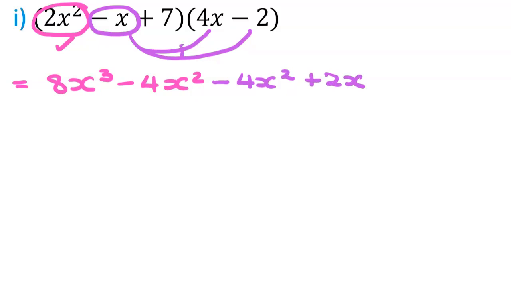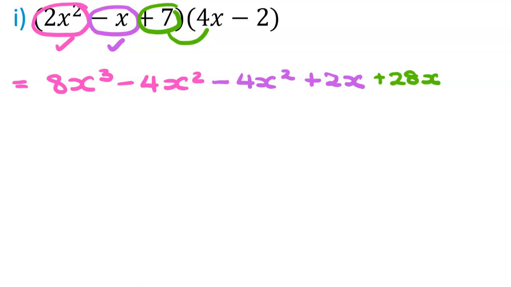Now the minus x has finished its journey, so let's put a tick underneath it. The final term that wants to join in is the plus 7. That's going to multiply with everything in the second bracket again. So positive 7 times 4x will be plus 28x. And positive 7 times negative 2, remember we're multiplying, minus 14.